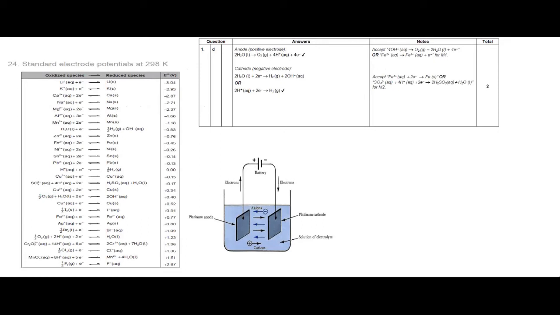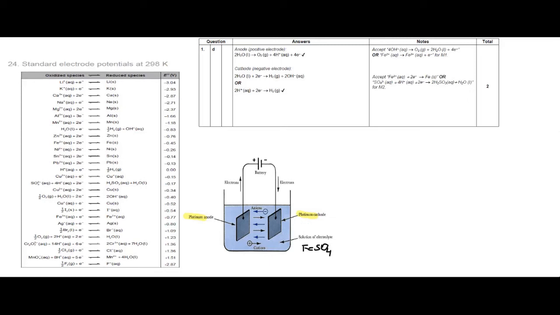As per question, it said that we are subjecting iron sulfate. It is not copper sulfate. We are subjecting iron sulfate for electrolysis using platinum electrodes. Platinum is an inert electrode. It will not be participating in the reaction, but it will be serving as a medium for the electron transfer. It will not directly take part in the reaction.